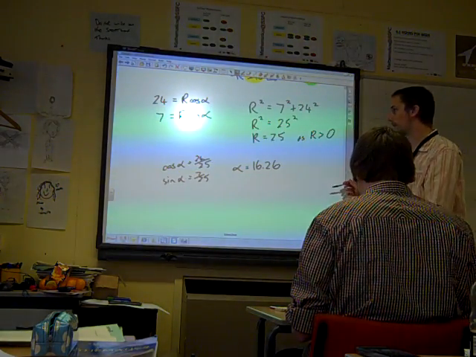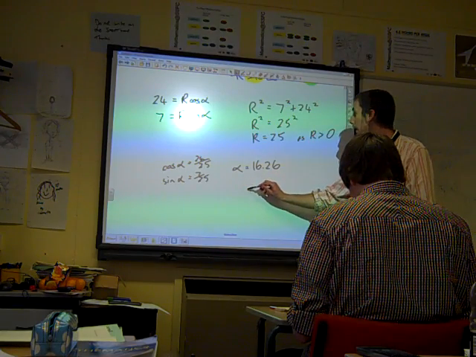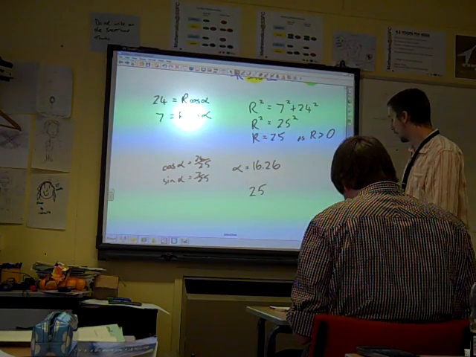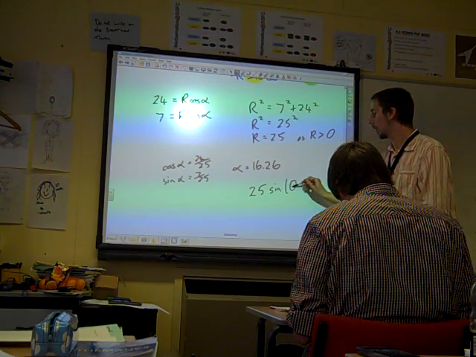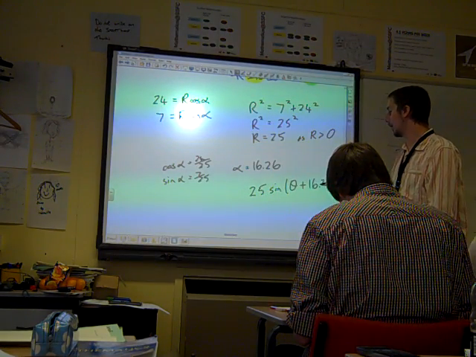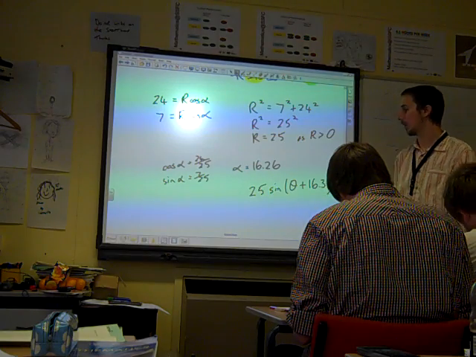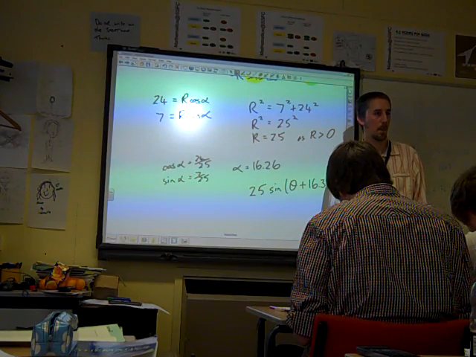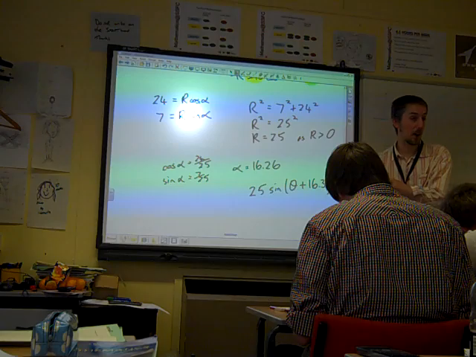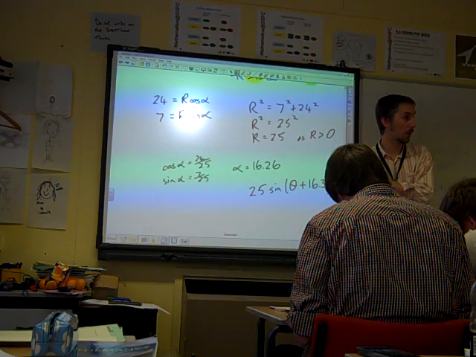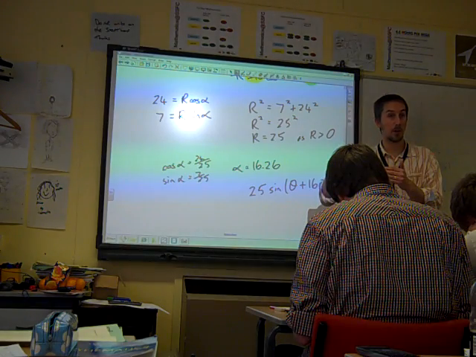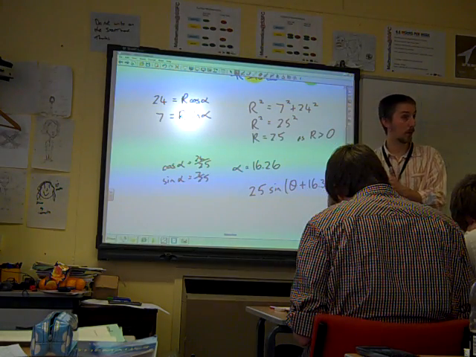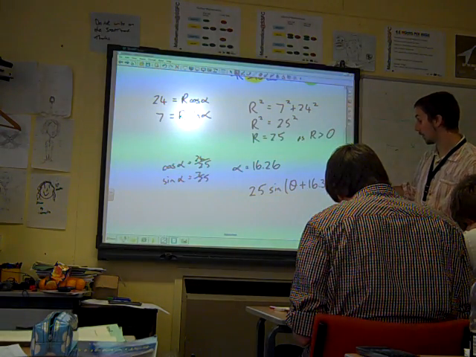The question normally wants us to write 3 significant figures, so we're going to say 25 sine. Oh no, I've done it wrong. 25 sine(theta plus 16.3). Okay. Is that alright? Is everything clear with how you go through doing that? As long as you follow the same process all the time, it's quite a straightforward step-by-step process.